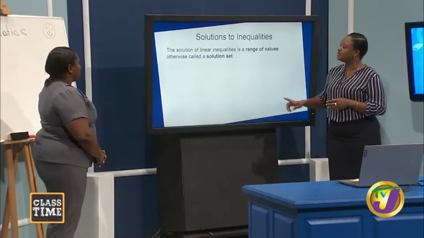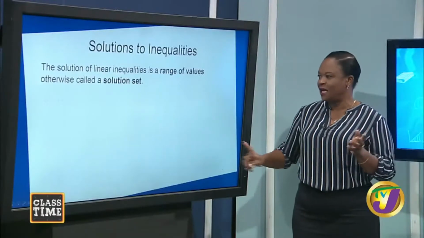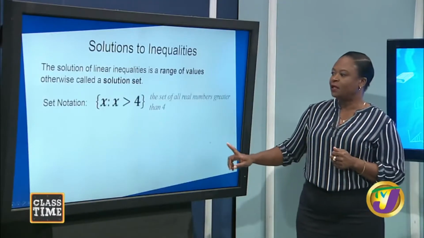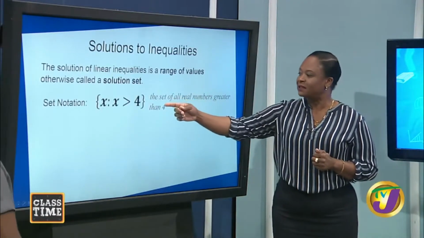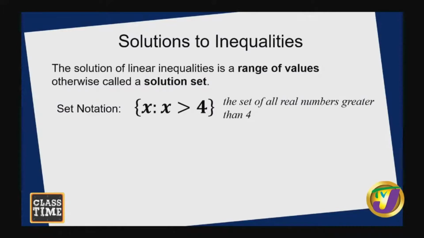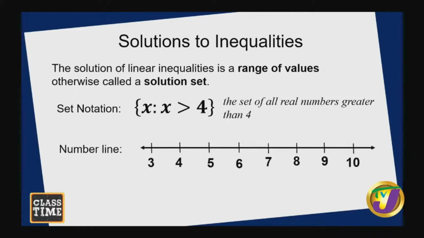This set, as defined, is a set of all real numbers greater than 4. This can also be represented on a number line.